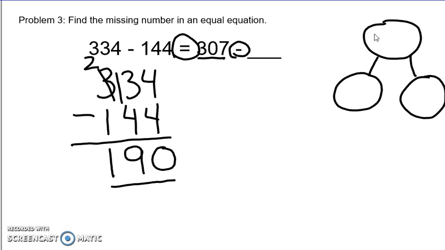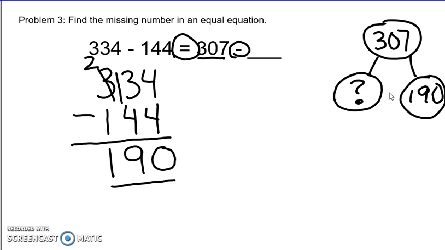So I'm going to place 307 in the part of my number bond that's connected to the other two circles. This is my whole. That means my missing number is one part. And I know that I need to use this to help me solve this answer. So this 190 is my other missing part.